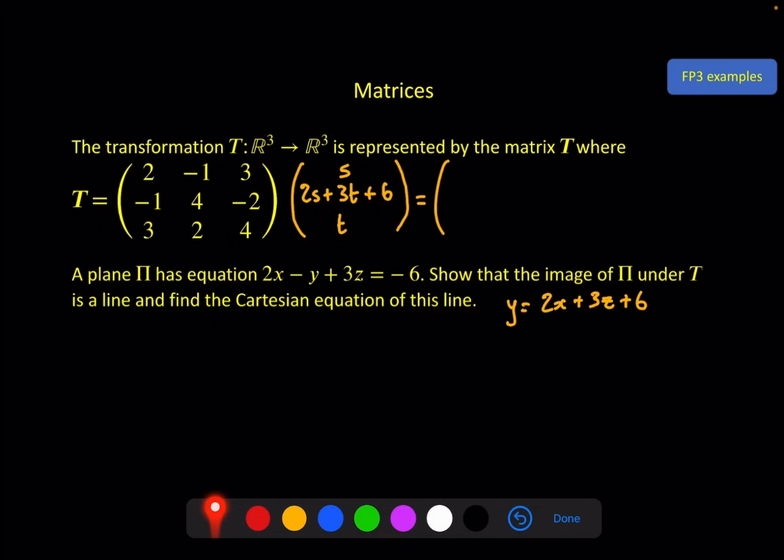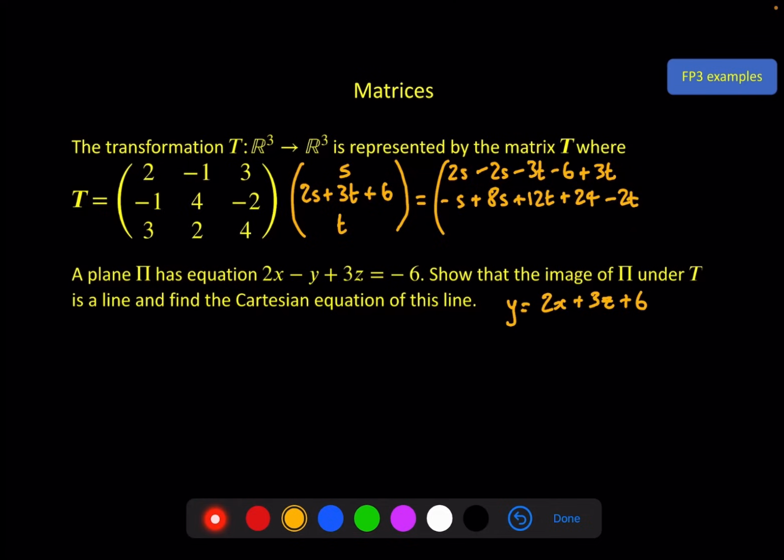2 times s minus 1 times this plus 3 times this. So we get 2s minus 2s minus 3t minus 6 plus 3t. Then we have minus s plus 8s plus 12t plus 24 minus 2t.